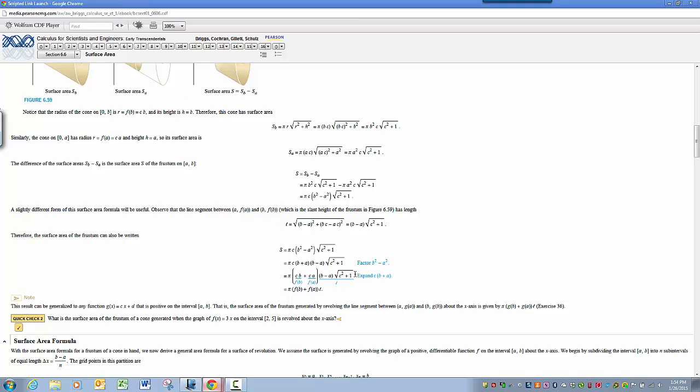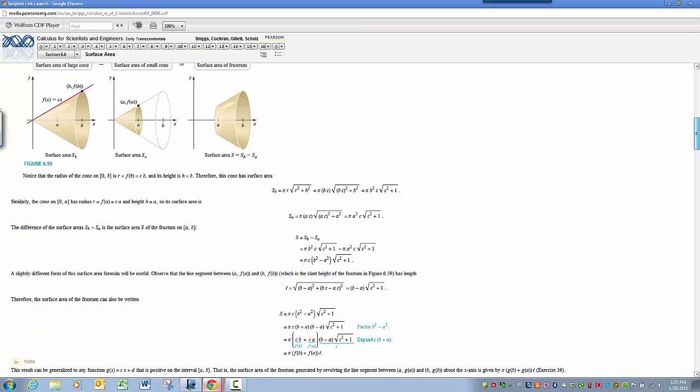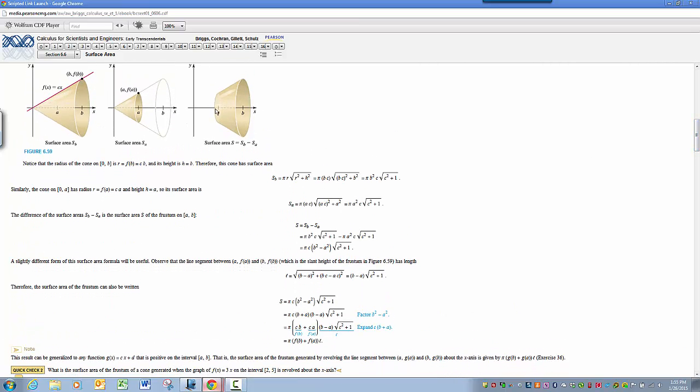This right here is the length L. Now, how do I know that? Well, this is going to be b minus a, this length right here, and then the square root of c squared plus 1.